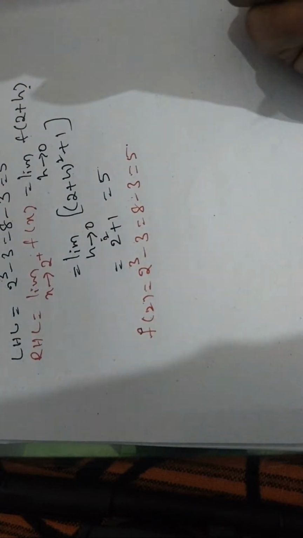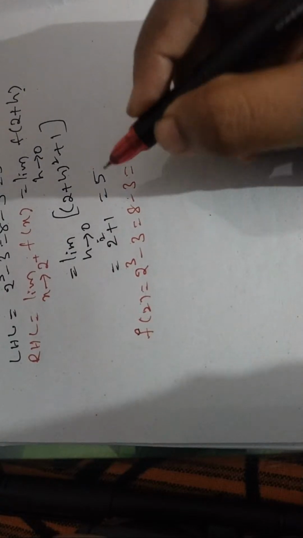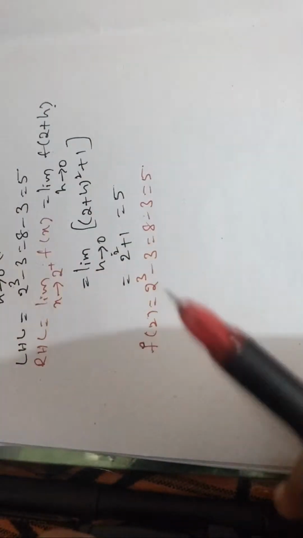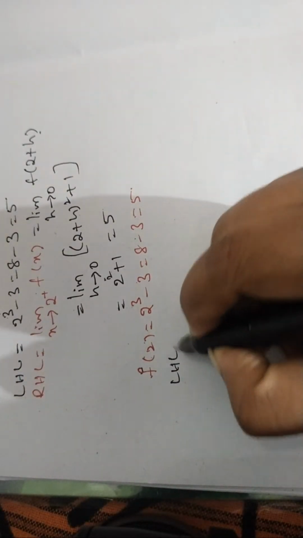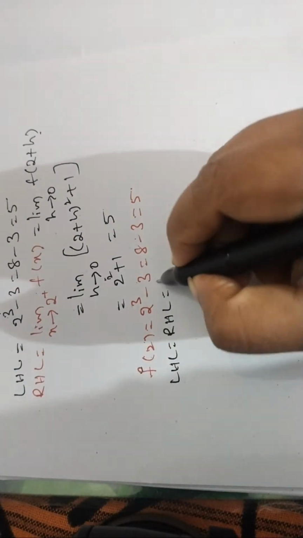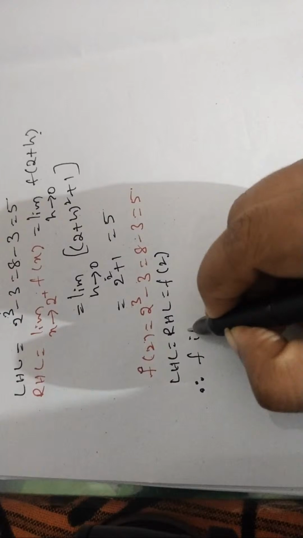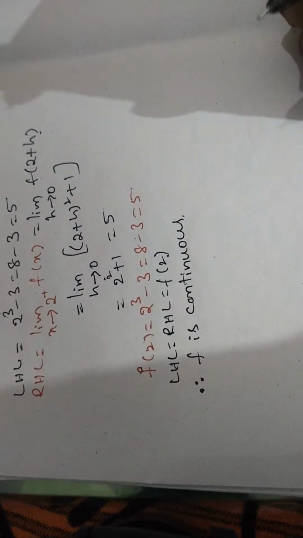That is 5. So, if we observe, all conditions are equal. Means LHL is 5, RHL is 5 and f of 2 is also 5. So, 3 are equal. LHL is equals to RHL is equals to f of 2. Therefore, f is continuous. f is continuous at x is equals to 2 case.